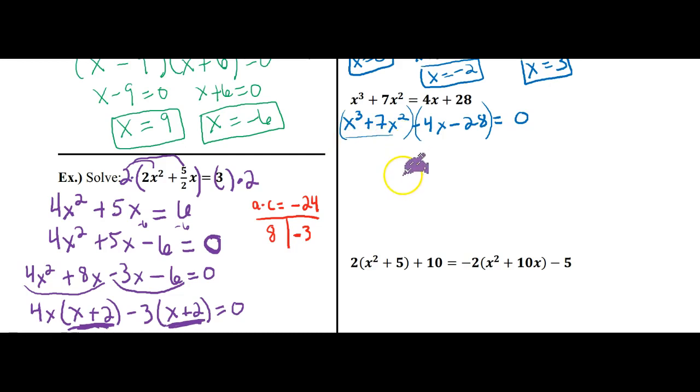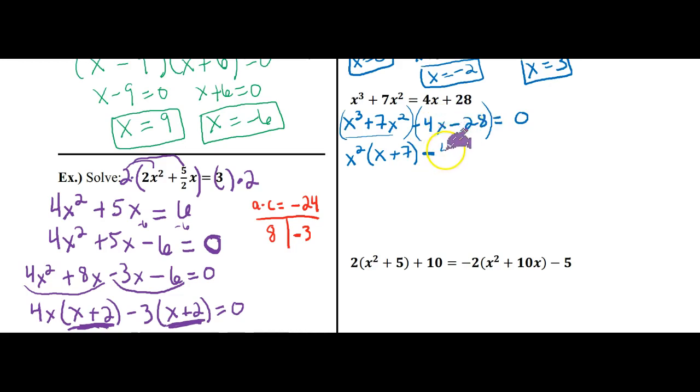Looking at the first 2, I want to pull out a GCF. So the GCF that the x cubed and 7x squared have in common is an x squared. What's left when I take that out? X cubed divided by x squared is just x. 7x squared divided by x squared is going to be positive 7. And then I notice these are both negative, so I'm definitely going to take out a negative here.